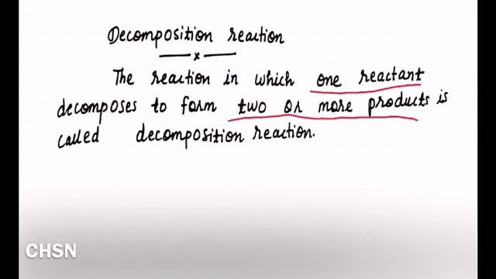So, we can say that decomposition reaction is just opposite of combination reaction. In combination reaction, there are two or more reactants. They combine together and form one product. But in decomposition reaction, it is opposite.